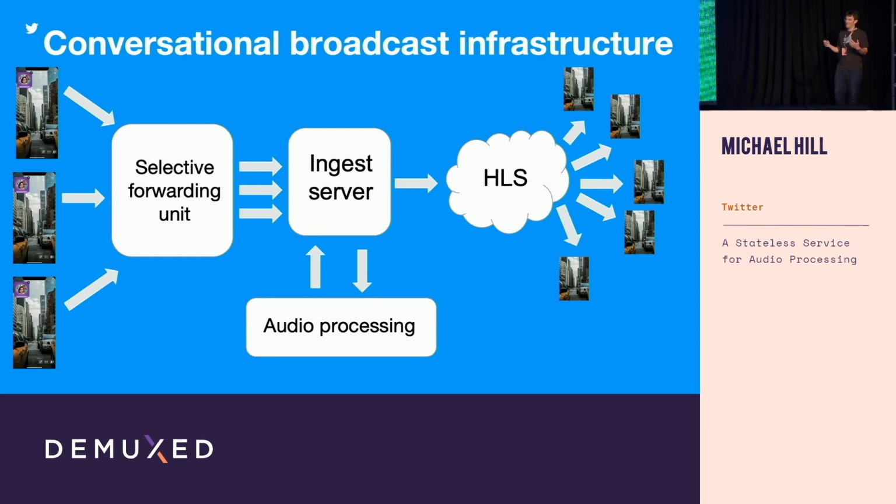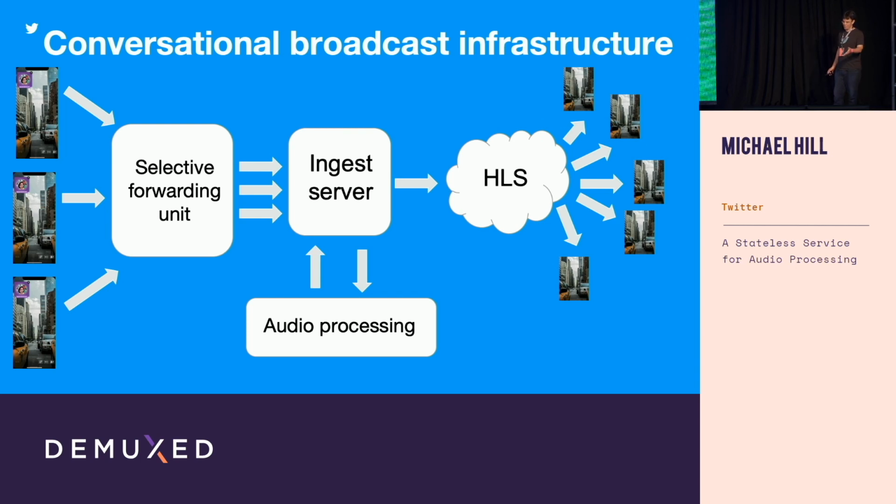So now we have to figure out how this is going to fit into our existing infrastructure and be able to eventually get this all into HLS and LHLS so everyone can view it. So now instead of a single broadcaster sending their media samples over RTMP, we now have multiple participants sending media over RTP to a selective forwarding unit.